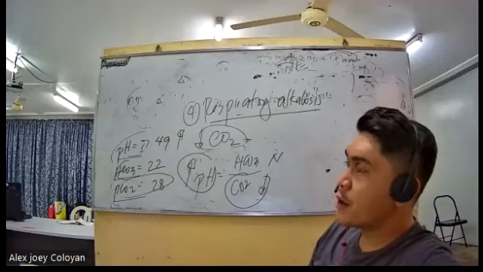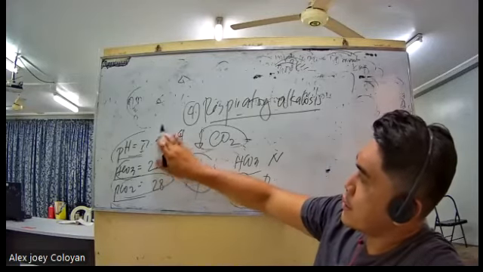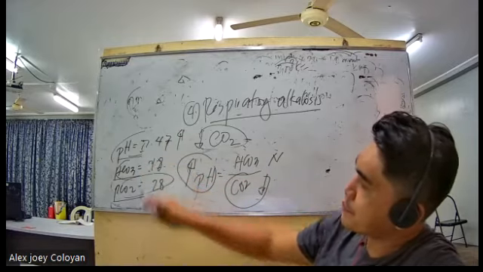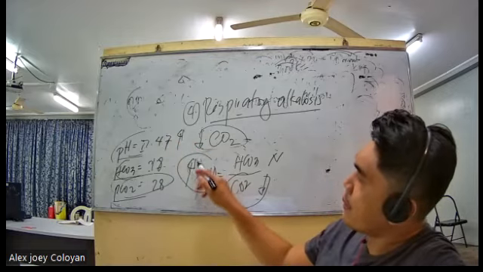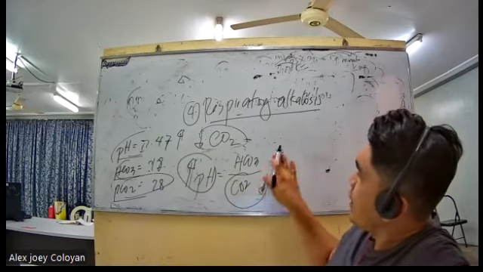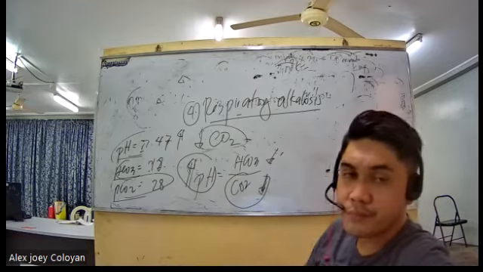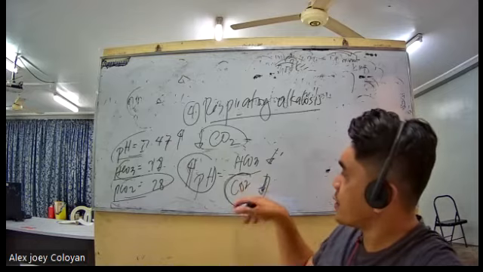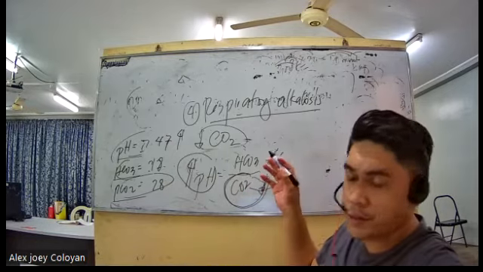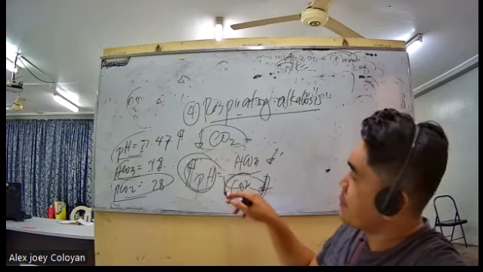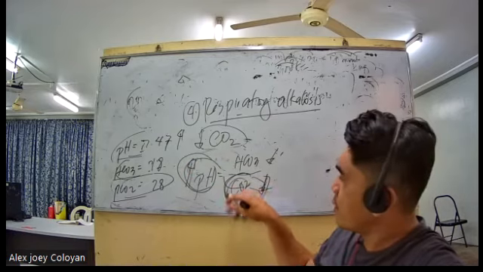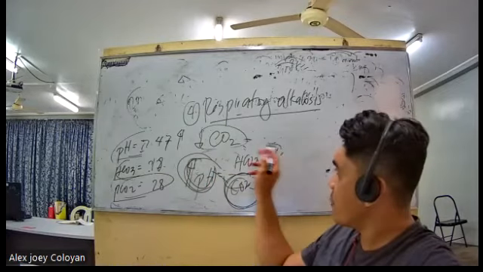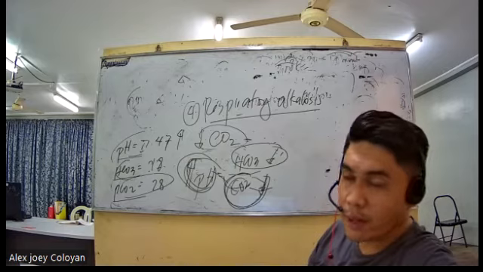Okay. Now, if it is partially compensated, so let's try to adjust the pH to 7.47 and the bicarbonate to 18. So you have high pH, low CO2, and low bicarbonate. Okay? So the reason why there is decrease in CO2 is because of hyperventilation. That's why there's increasing pH. Okay? Drop CO2, increase pH, alkalosis, respiratory alkalosis. Now, the bicarbonate level is decreased. Why? To compensate.